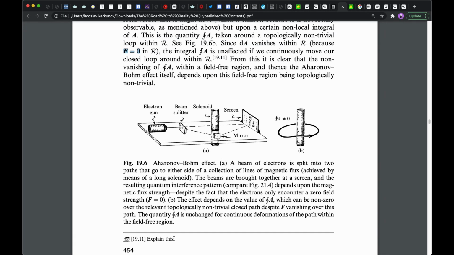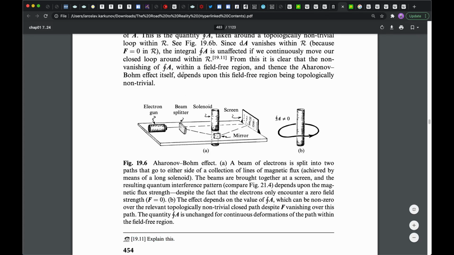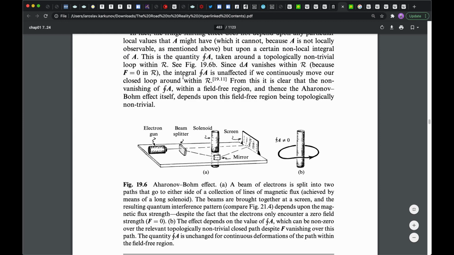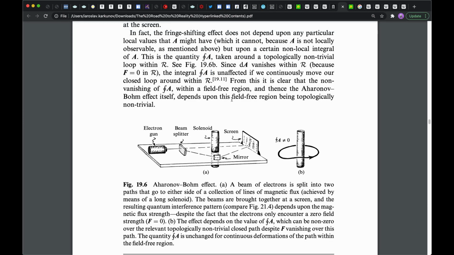Yeah, and probably it would be interesting to take a look and search for the solution for that exercise. Maybe they will explain more about that integral and the whole structure of the experiment.